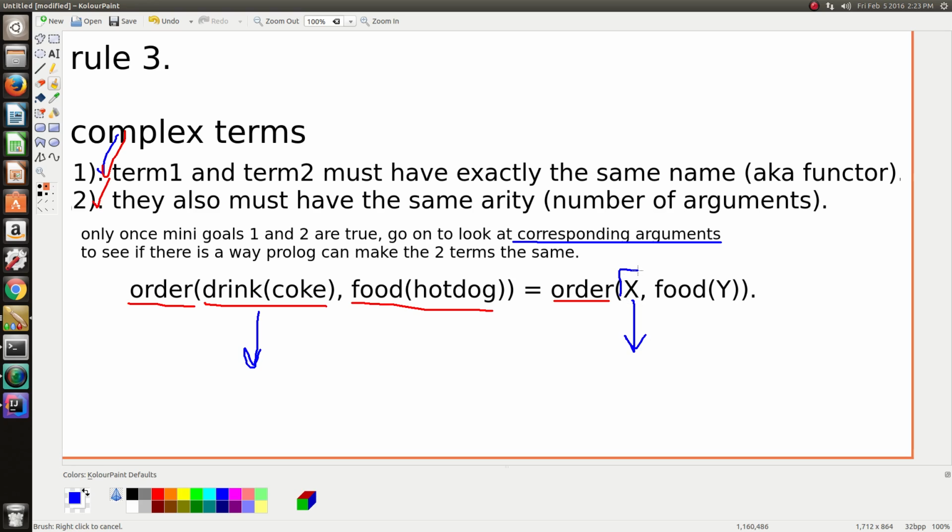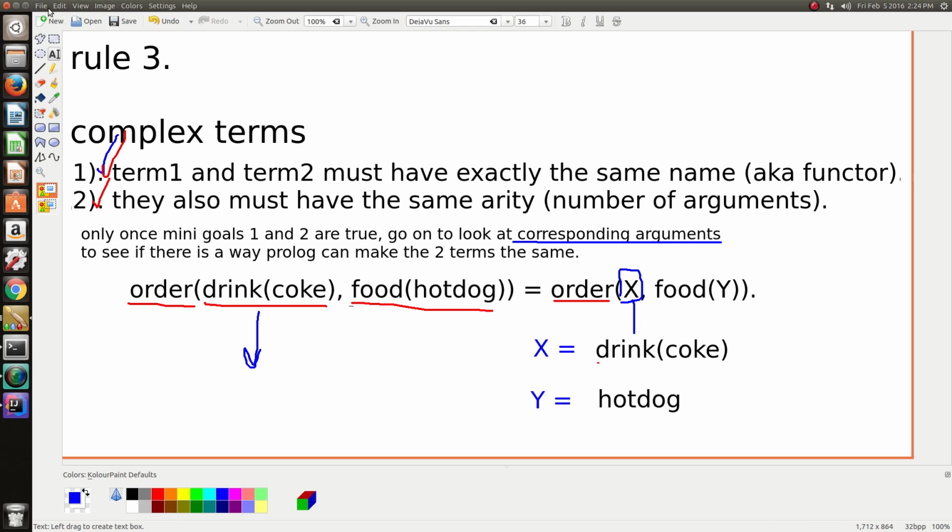Well, we've got a variable here on the right side, so quite simply Prolog looks at this, and now drink Coke gets bound to X. So X equals this, and now we go on to evaluate the corresponding second arguments. So we've got a variable Y here, which means hot dog here can be bound to Y here for the purpose of making both sides equal.